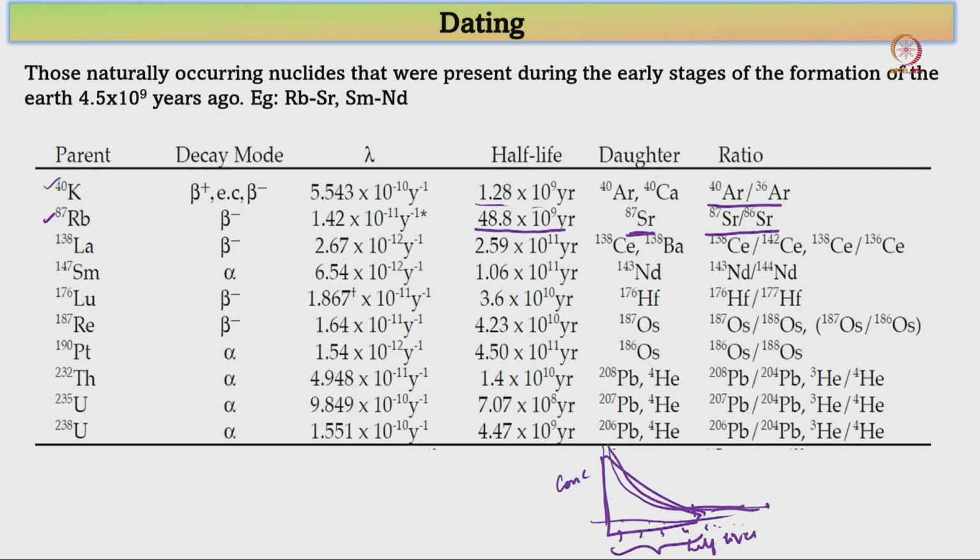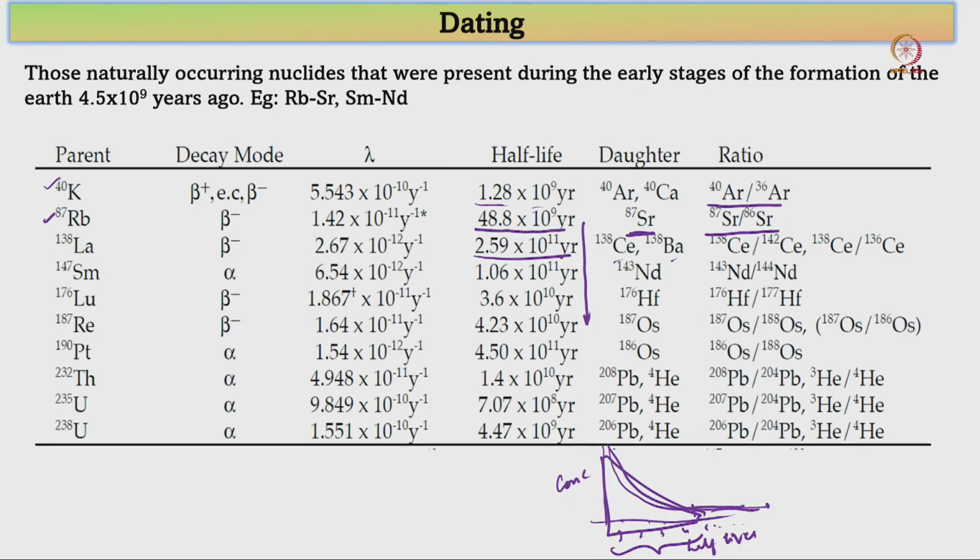You just see how variable it is. Lanthanum breaks down into cerium and barium, with a very high half life, 2.59 times 10 to the power 11 years.